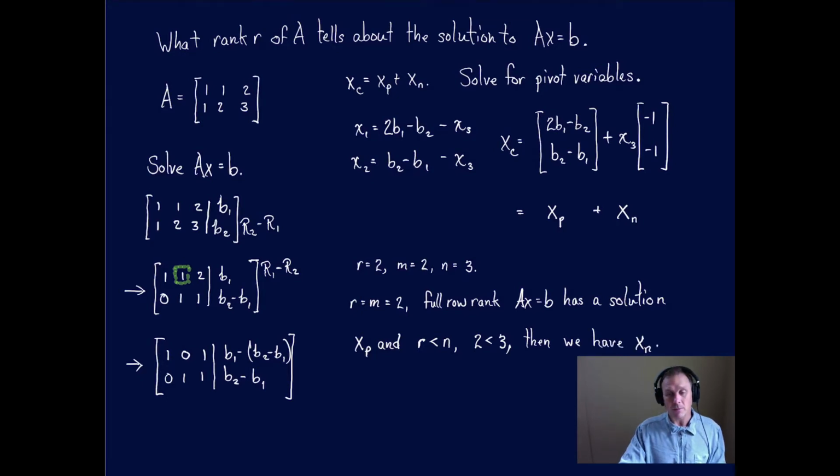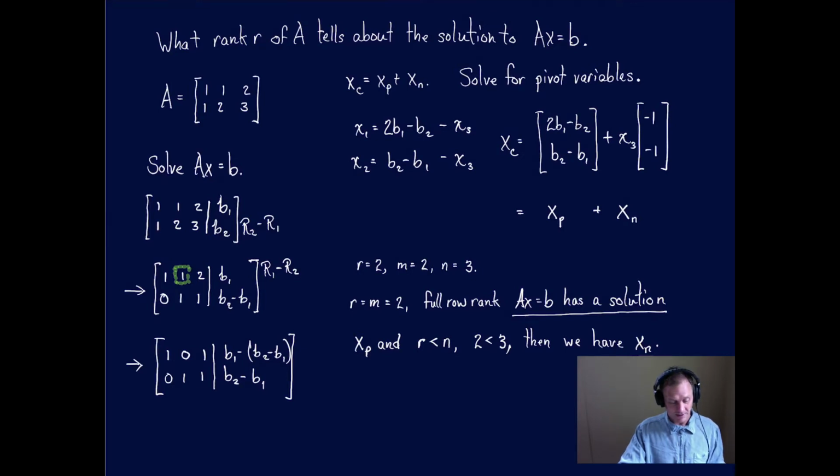So for a problem like this, the two key parts are that Ax equals b has a solution, and we have a null solution. And as soon as you have a null solution, that means it's an infinite number of solutions in part of the complete solution.